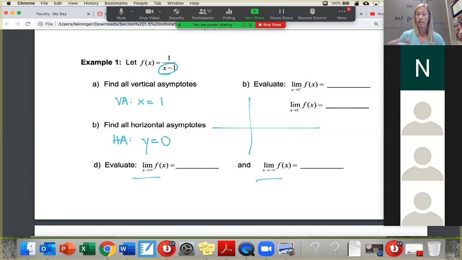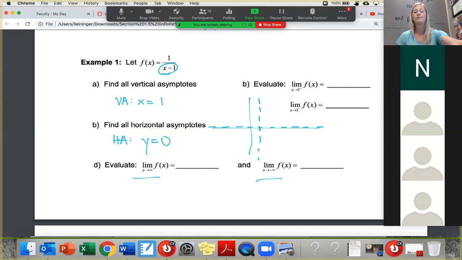This should take 30 seconds or less. But if you had to draw a little sketch, we have a vertical asymptote at 1 and a horizontal asymptote at 0. This means our graph is going to be split into 2 pieces. Any ideas as to where one of them is going to be?